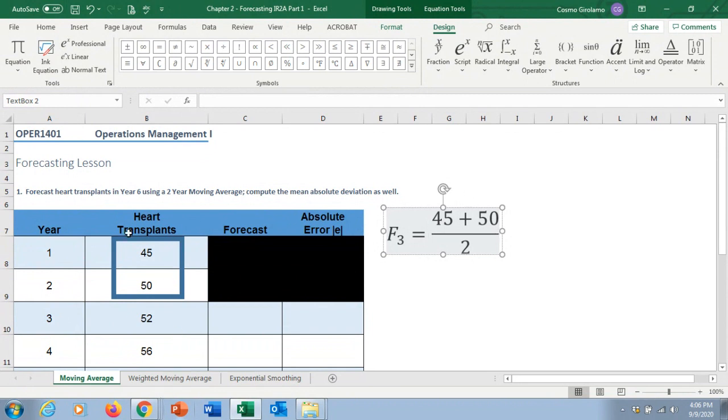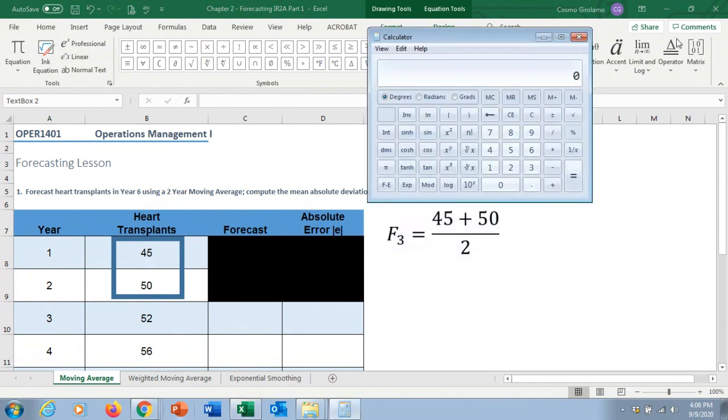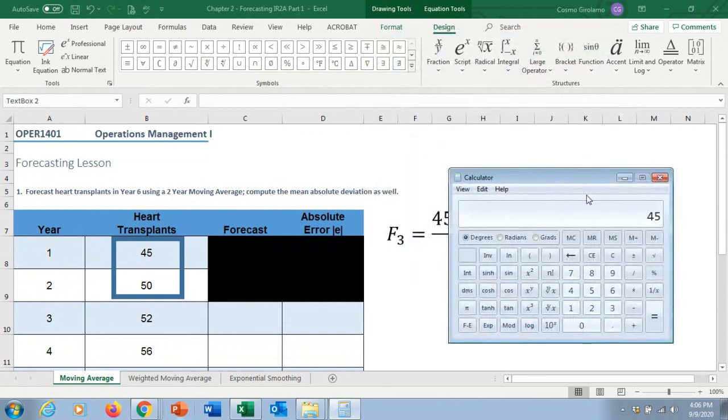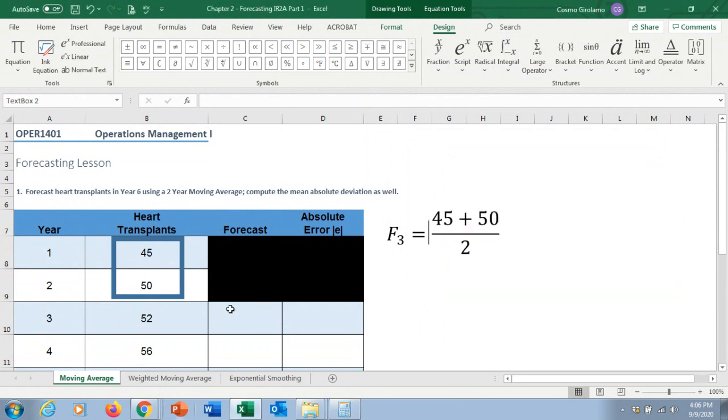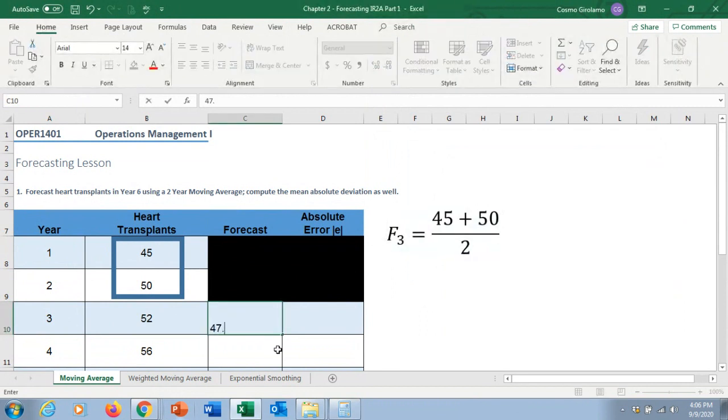I'm going to take what actually happened in time period 2, 50, what actually happened in time period 1, 45, add them up and divide by 2. So it's a 2-year average there. And if I do the math, 45 plus 50 divided by 2, I get 47.5. Fill that in.